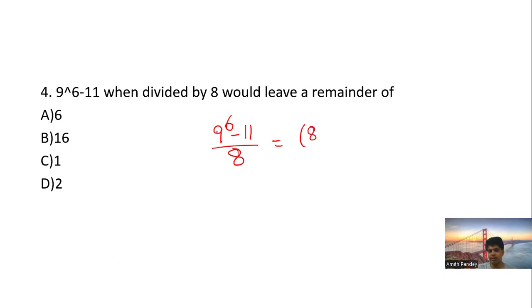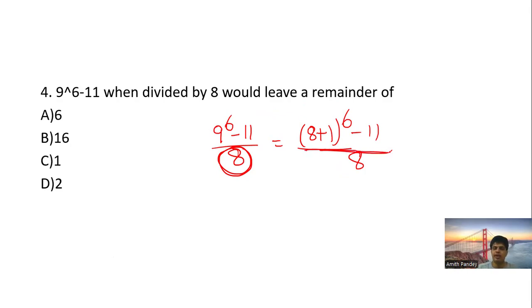Let me just tell you. You can write 9 as 8 plus 1 raised to power 6 minus 11. The reason is so simple. Because here I'm dividing with 8. Let's say if I had to divide with 10, then I would have written 10 minus 1. But this minus 11, they would have to give as plus 11. Only then it's possible. But no worries.